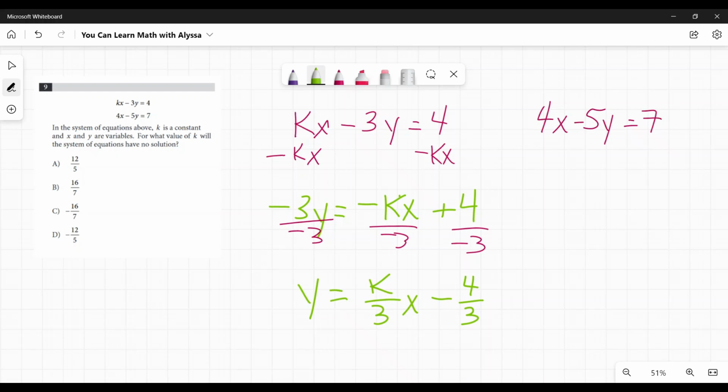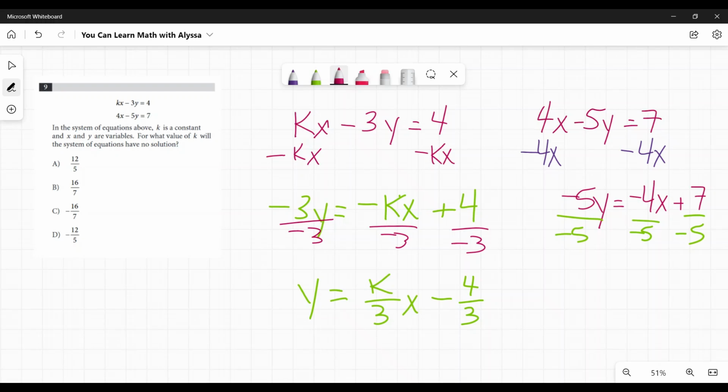And so I am left with k over 3 x minus 4/3. My second equation, 4x minus 5y equals 7, I want to do the same thing and get y by itself. I'm going to subtract 4x from both sides, which leaves me a negative 5y on the left and negative 4x plus 7 on the right. Then I need to divide everything by negative 5 to get rid of that negative 5 that's in front of the y.